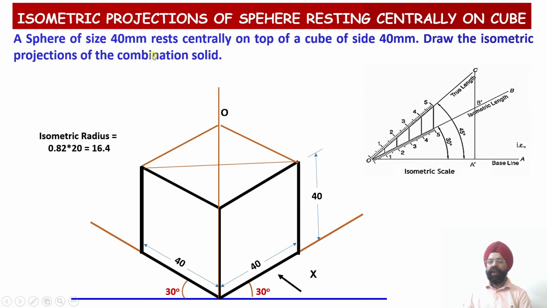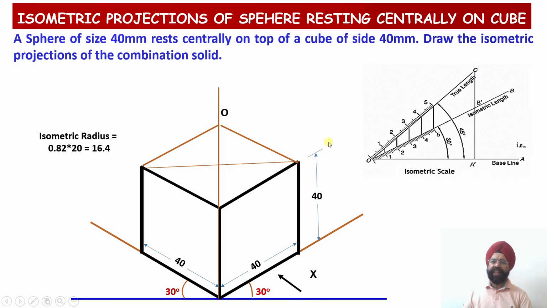Now please check, we are given that the radius of the sphere is equal to how much? 20 millimeter. We have a sphere of diameter 40 millimeter, resting centrally on top of a cube. So this radius is equal to 20 millimeter. If I draw this projection of a sphere, I will get a circle of diameter 40 millimeter, or radius equal to 20 millimeter.